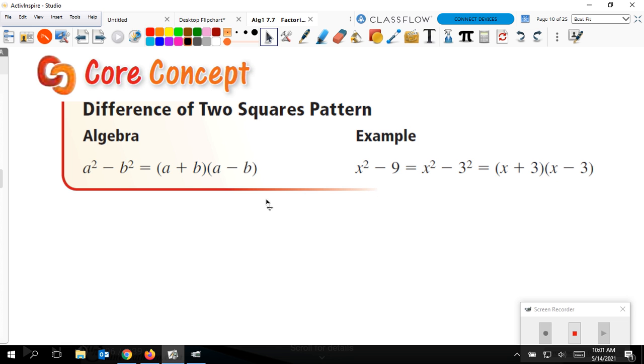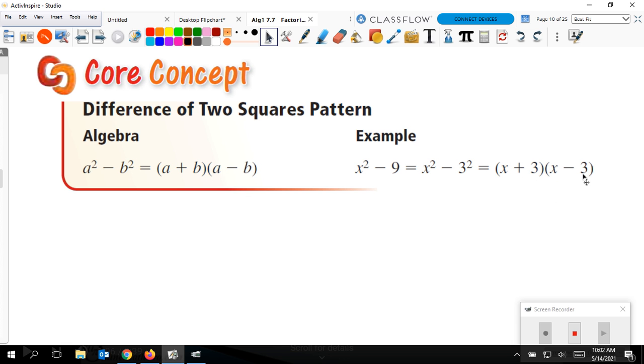But if it is x squared minus 9 or a squared minus b squared, where we have perfect square terms on both terms and there's a minus in between, then we can break apart the a into a times a, the same thing times itself, and b times b. You can see over here, x squared breaks apart to x and x, kind of like our simple method. And then the 9 breaks apart to 3 and 3, the same number times itself.